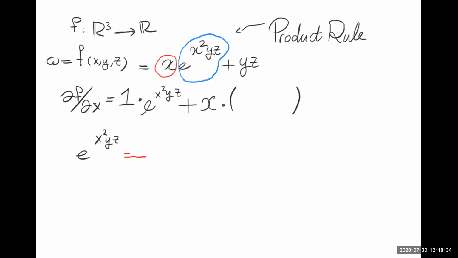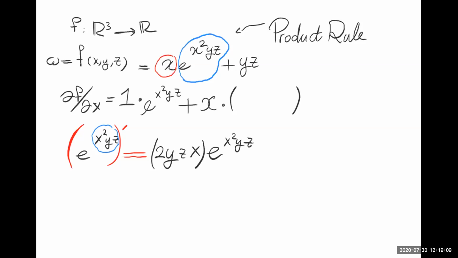When I have e to some power, the derivative is e to whatever it is, multiplied by the derivative of the exponent. The derivative of x squared is 2x, and then there are these constant numbers I'm multiplying x squared with, so I just write those down.